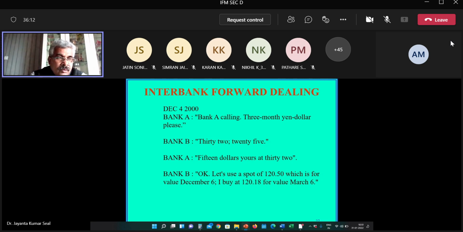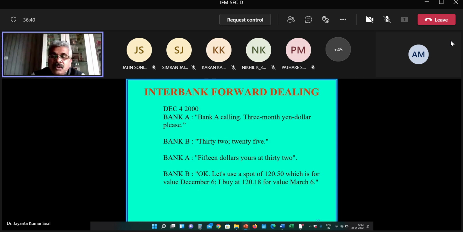However, from time to time the government, because the foreign exchange market is entirely controlled by the central bank, that is the Reserve Bank of India, brings in some kind of restrictions to make sure that corporates are not allowed to speculate, depending upon the market conditions.